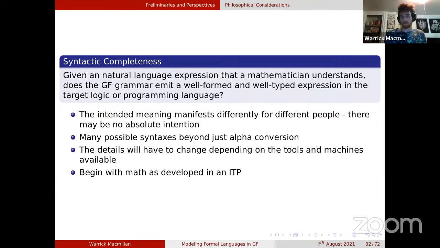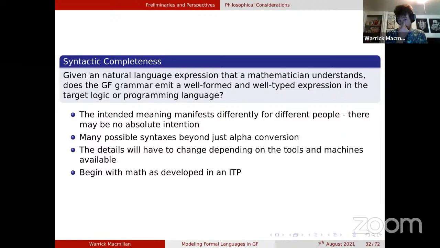Different people have different interpretations of a mathematical statement, so there may be no absolute intention. So maybe syntactic completeness is undecidable or impossible all around, but there are many syntaxes beyond just alpha conversion that are of interest. Let's leave that aside.